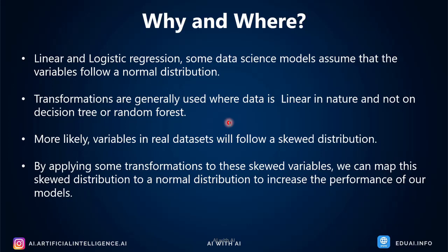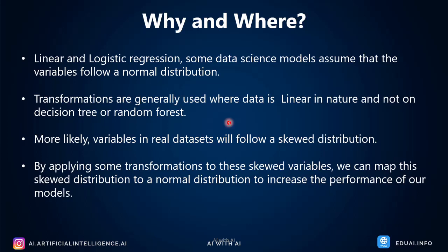First of all, linear and logistic regression. In linear and logistic regression, some data science models assume that variables follow the normal distribution, but this may not be true. The raw data which we get, we don't know the nature of the data. That's why I always suggest you plot the data and understand its nature.